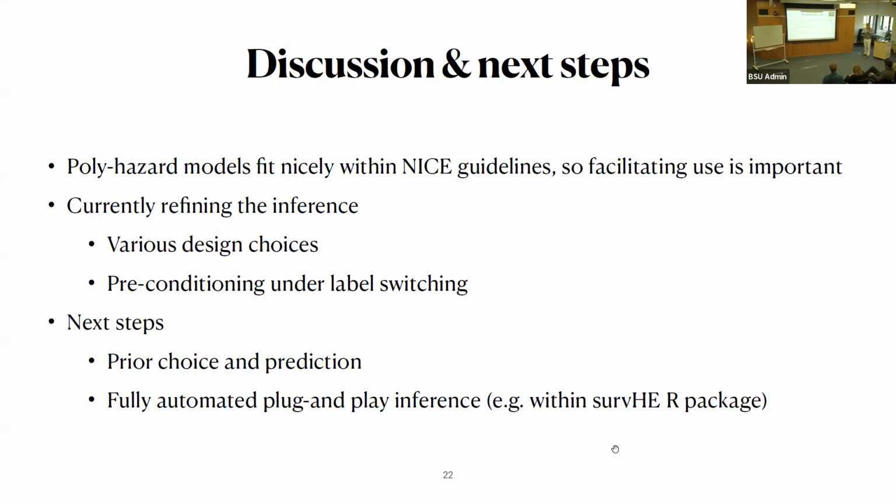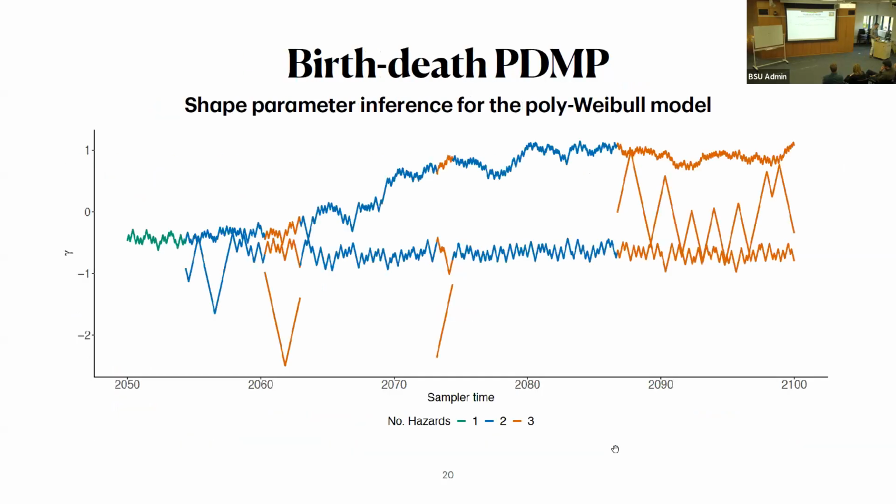So there's samplers. I don't think I've got any examples on the slide, but basically each hazard that's active, you can have a phenomenon where one particular PDMP jumps to be sampling from a different active component of the hazard.